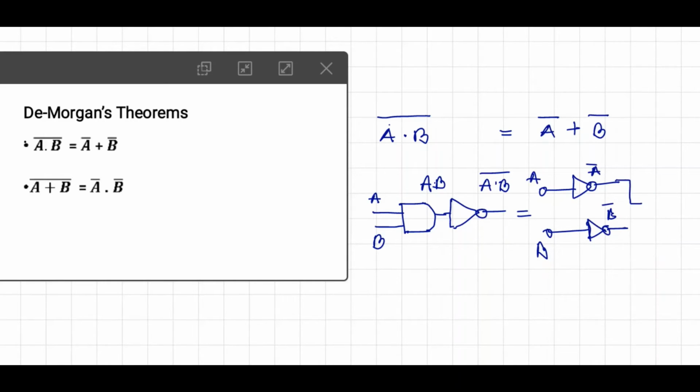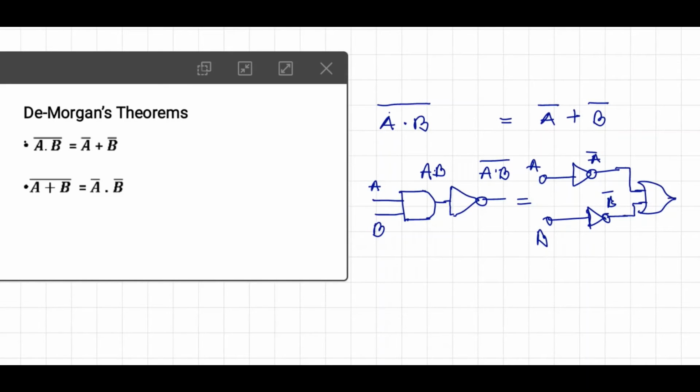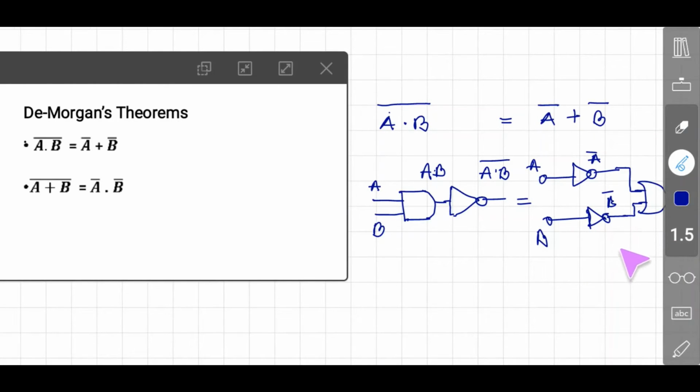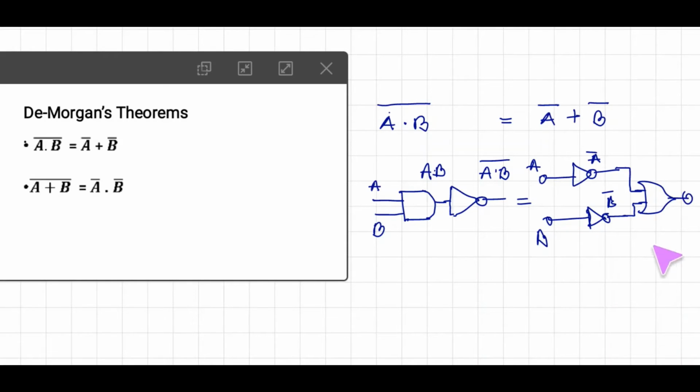For that, another OR gate is used, and this gate gives us the result, A complement plus B complement. So the result given by this expression is exactly equal to this, which means whatever work this circuit is doing, the same can be done by this circuit, which gives the same result.